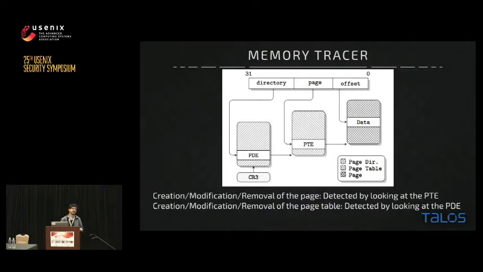In order to understand the semantics of the memory operations in the guest operating system, our framework needs to monitor all the memory operations that happen on the paging structures of the monitored application. This is possible thanks to a feature provided by Intel hardware virtualization called the extended page table, in short EPT.